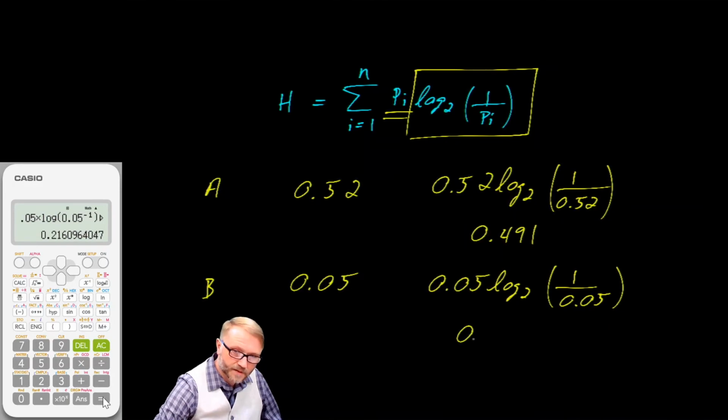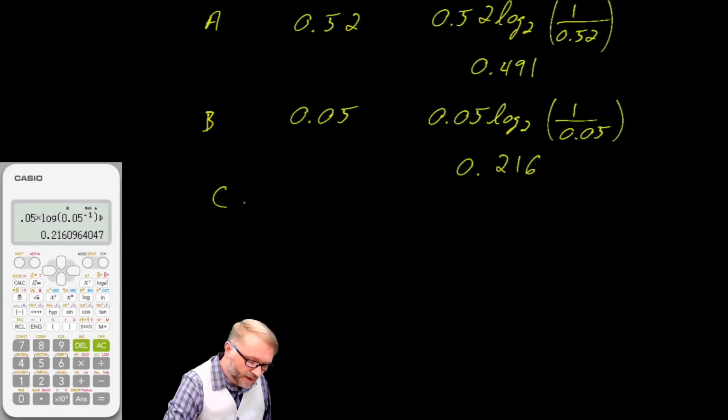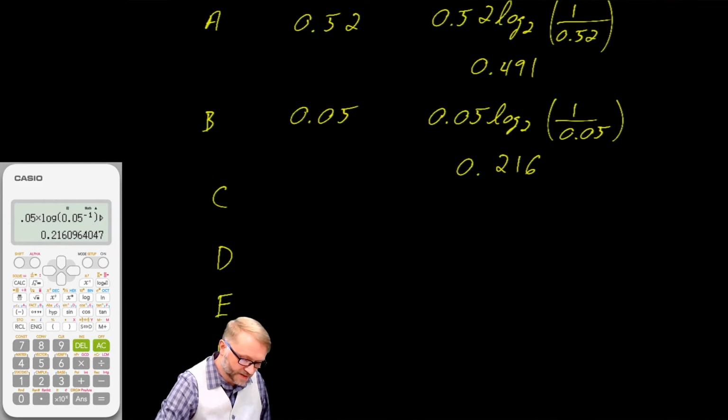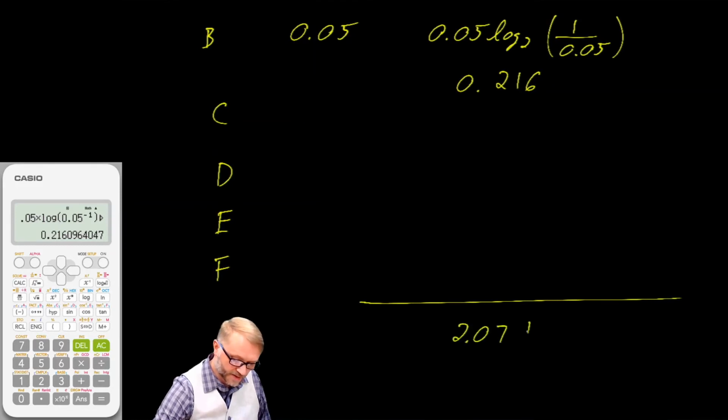So that's 0.216, which is the same as we had for our spreadsheet calculation. Again, I'll leave it up to you to fill this out for the rest of the symbols. And in the end, you should arrive at 2.07 bits per symbol.